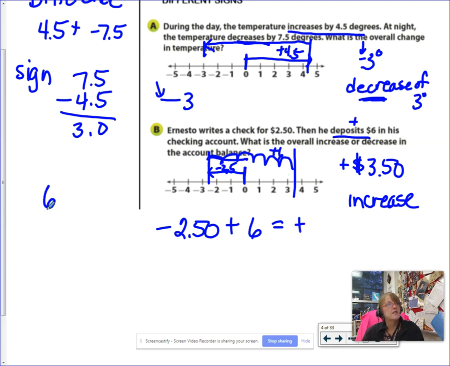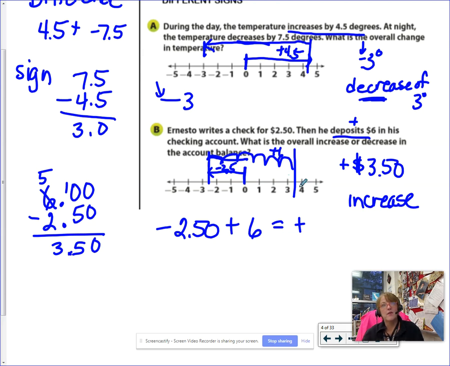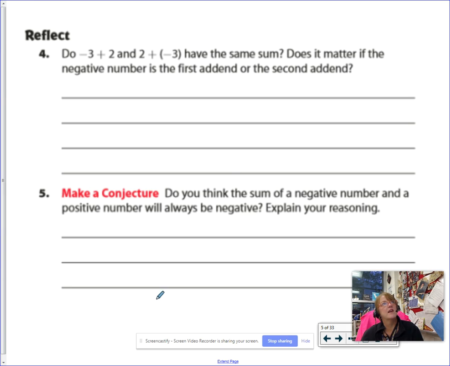Different signs, difference. You have to write 6 with a decimal point and 2 decimal places so that you can line up your 2 numbers. And then we're going to find the difference of these 2. And you should end up with 3.50, or 3.5, or in this case, money, $3.50.